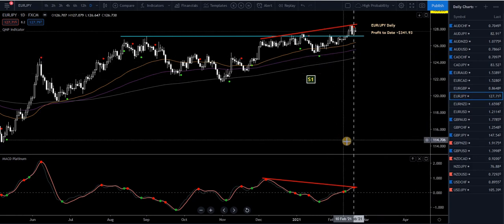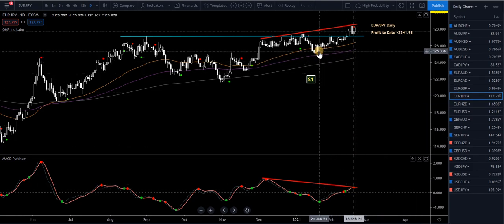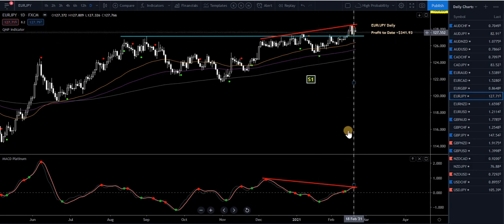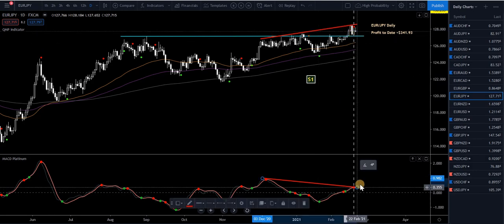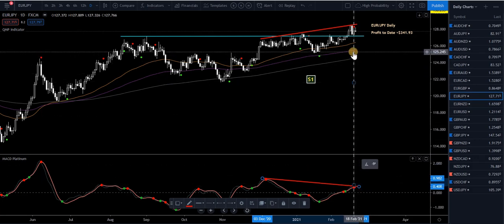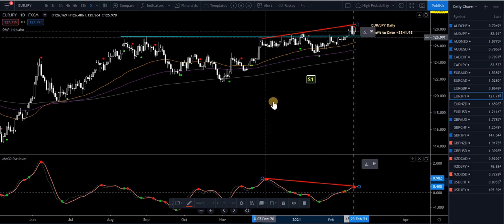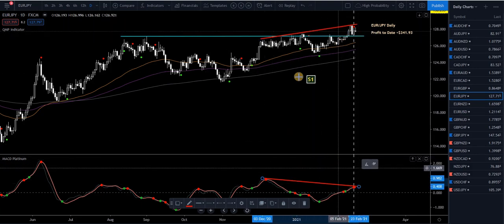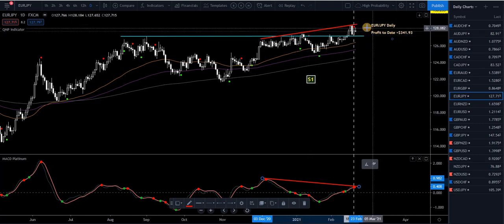Euro Yen, no trades on at the moment. I closed out of my buy from in here on Friday, which was not a bad thing, and there was a sell signal presented on Friday morning. I declined to take it because it was a high risk trade, even though there's regular bearish divergence there.